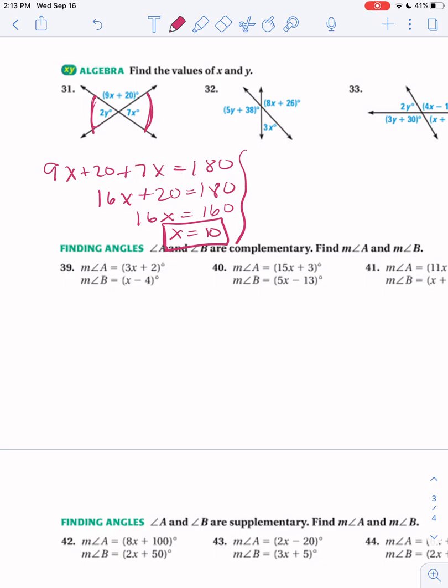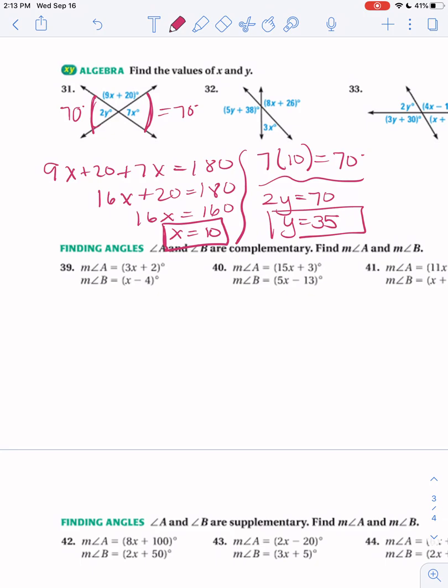When they're across from each other, they have the same measure. So now that we know x is 10 degrees, I would say that 7 times 10 would give us an angle of 70 degrees. So I know this angle is 70 degrees, which means this angle is also 70 degrees. And so to solve for y, we would just say 2y equals 70, therefore y is 35.